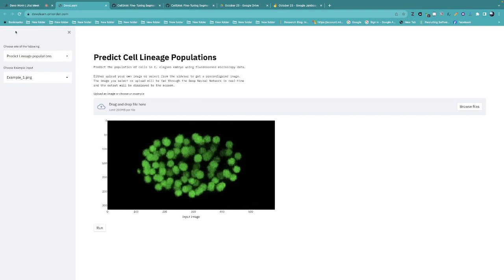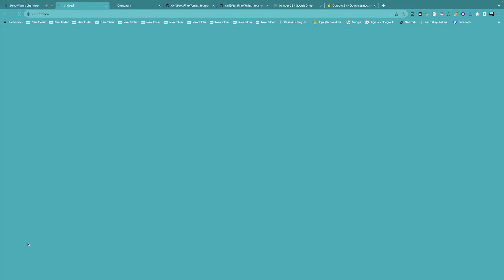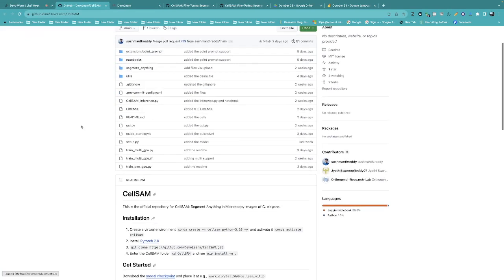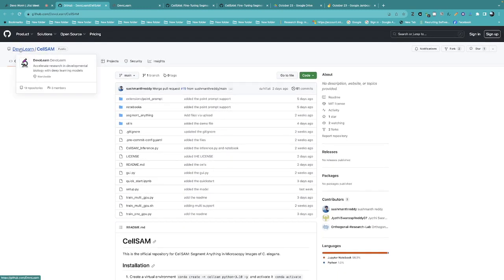So we have that, and then finally we have this. This is the CellSAM repo. We have all of this on DevoLearn if people are interested in contributing. We have, of course, our Hacktoberfest project, which is the annotations, and then we have CellSAM. It looks like Jyothi and Sushmanth have been contributing to this.